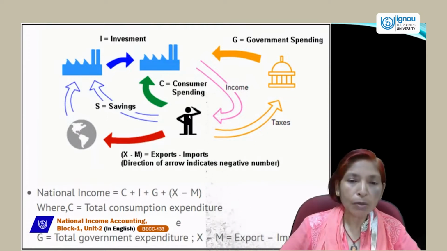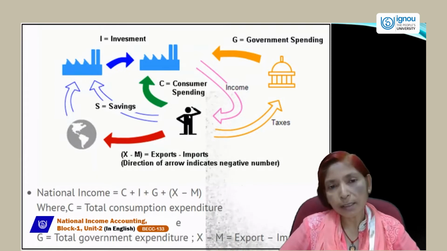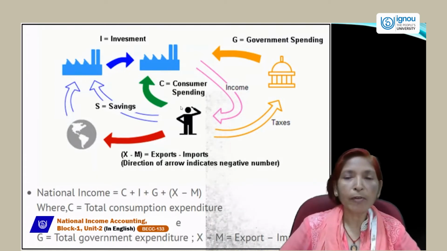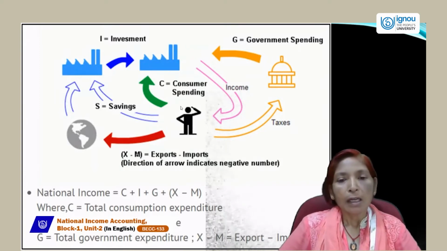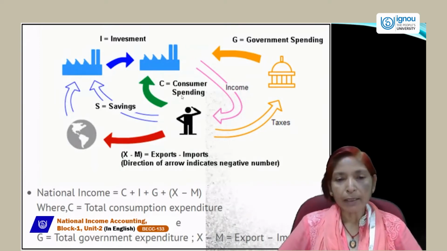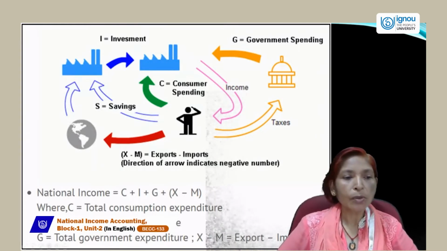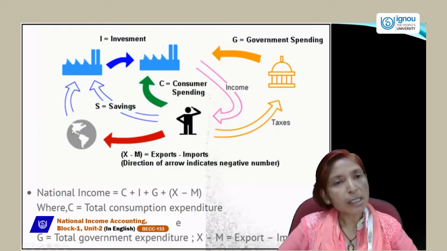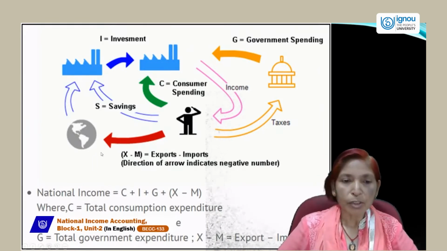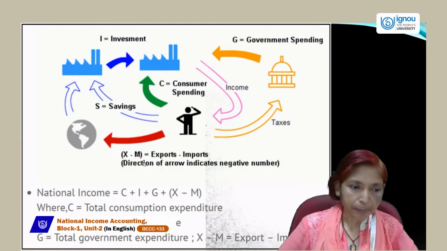Government collects revenues through taxation from firms and households, and then provides subsidies and transfer payments to the firm and household sectors. Payment for imports goes to the rest of the world, and payment from exports is received by firms. So this is the circular flow of income in a four sector economy.